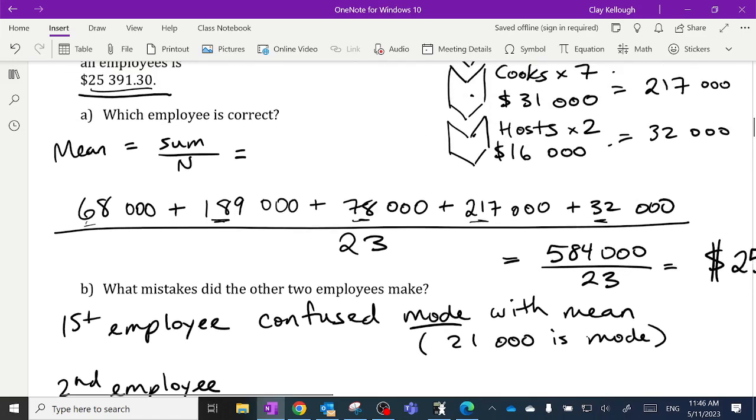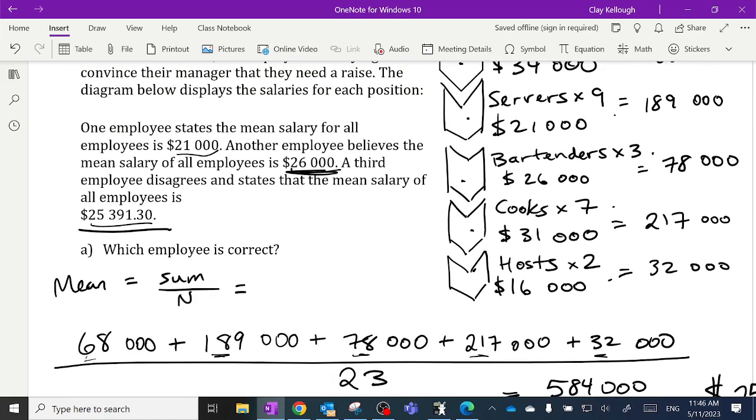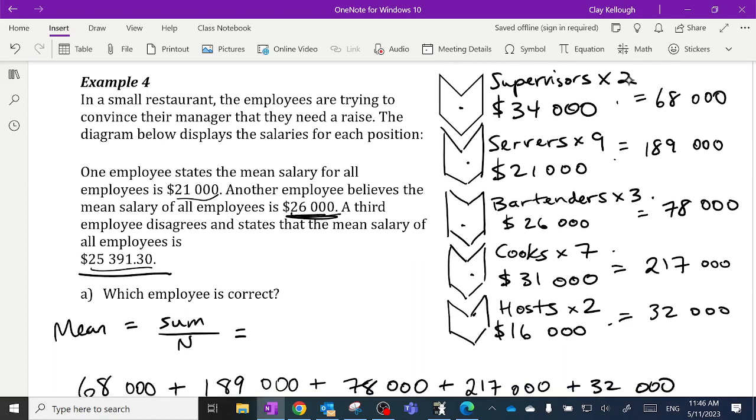Let's count that again. Where's the 12th number in this data set? 2 of them are hosts. That's the smallest. So then the next smallest are the 9 servers. So that takes me to 11. So the 12th would be a bartender.